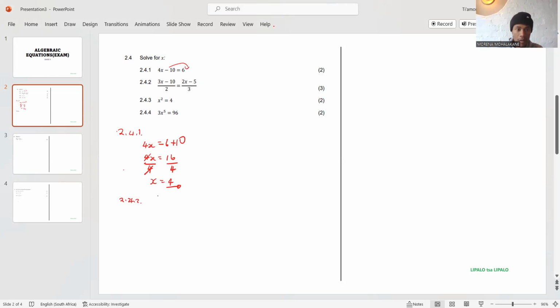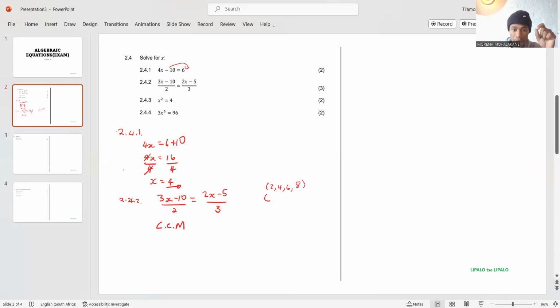The next question, I have 3x minus 10 all over 2 equal to 2x minus 5 all over 3. So these sort of questions where you have fractions and different denominators, you'll be required to find the LCM, lowest common multiple, right? So I'm going to look at the multiples of 2. It's going to be 2, 4, 6, 8.